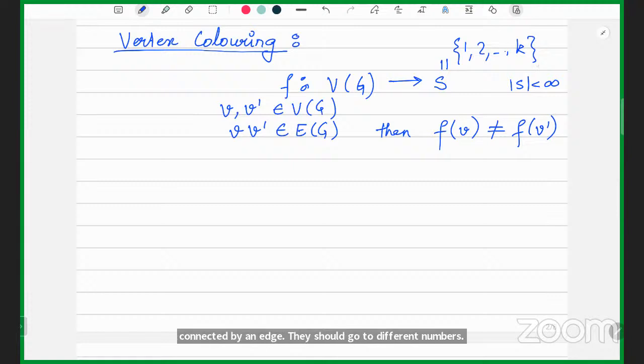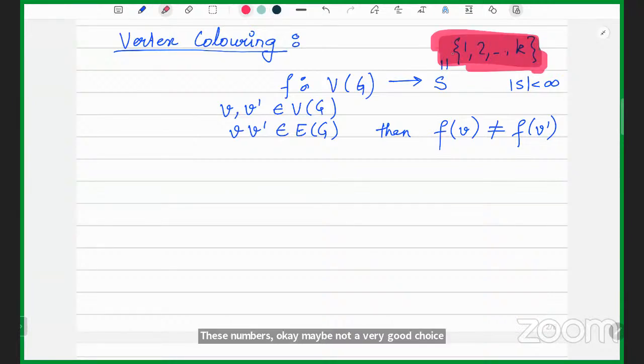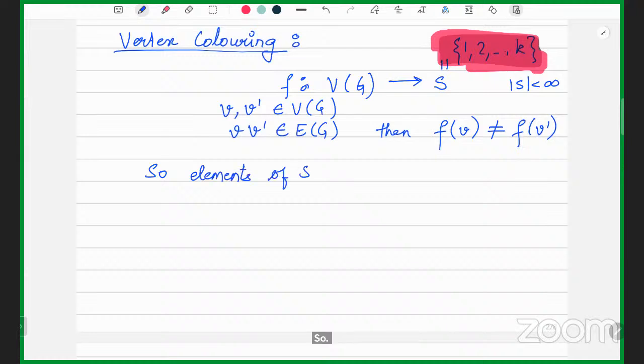So these numbers, maybe not a very good choice, these numbers are actually my colors. The set is considered as colors.